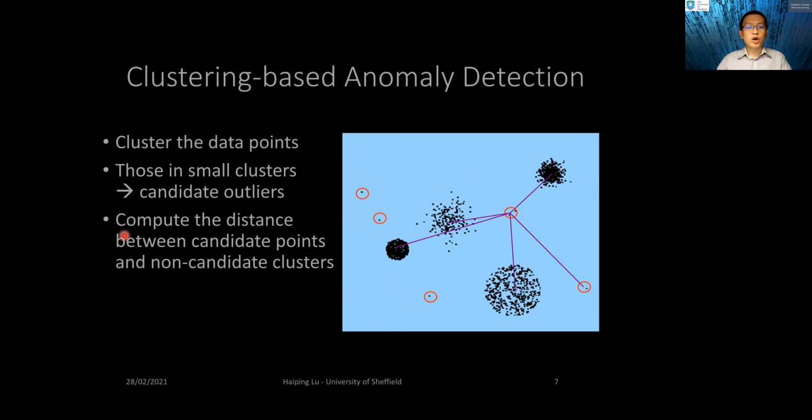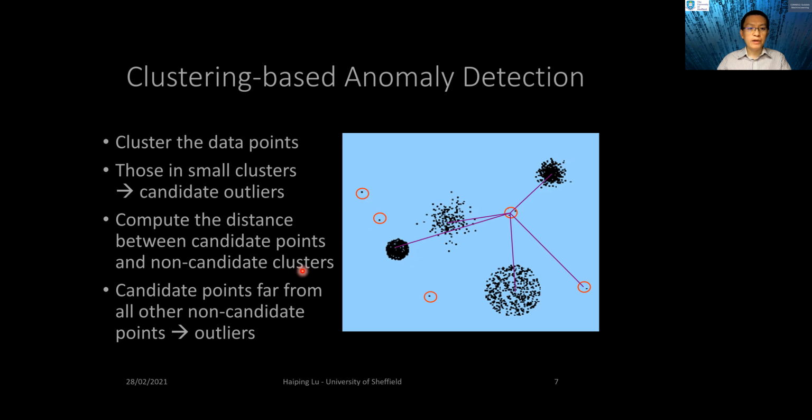And then we can compute the distance between these candidate points and those non-candidate clusters, such as this one, this one, this one, and this one. And then the candidate points that are far from all the other non-candidate points are most likely to be outliers. So this is a simple clustering-based anomaly detection algorithm.